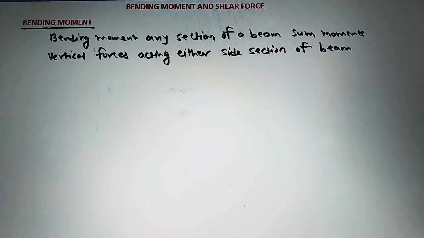That is bending moment. So what is bending moment? Bending moment at any section of a beam is the algebraic sum of moment of all the vertical forces which are acting on either side of a section of a beam. So that either side, it will be left or right side of a section.